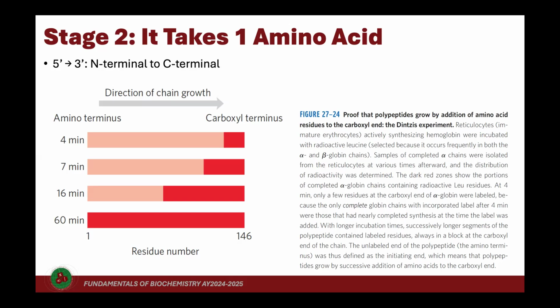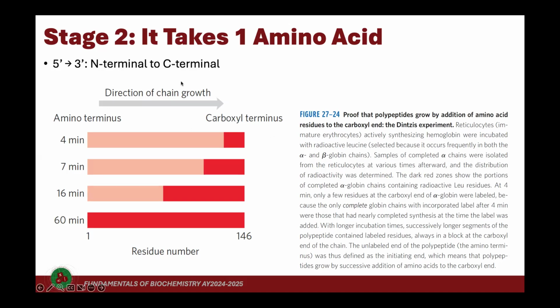And the proof here is the use of radioactive leucine, which is frequently observed in some globin molecules like hemoglobin, myoglobin, etc. So they used red blood cells. And of course, these red blood cells are actively synthesizing hemoglobin.